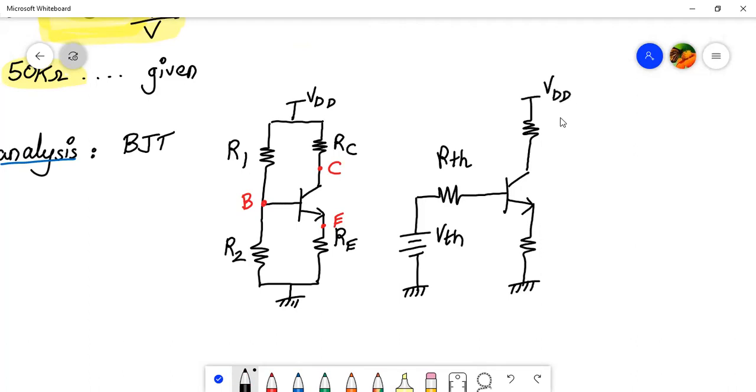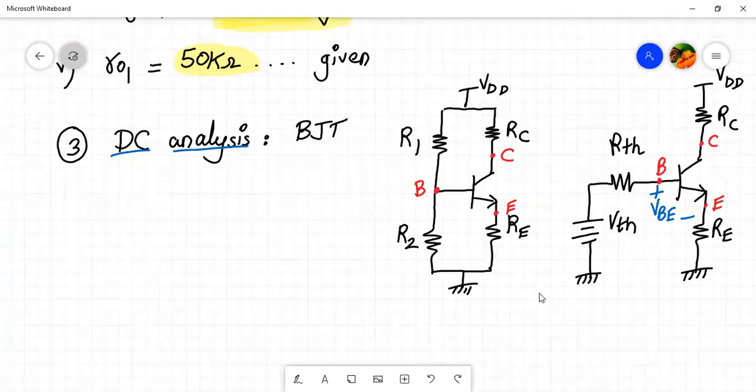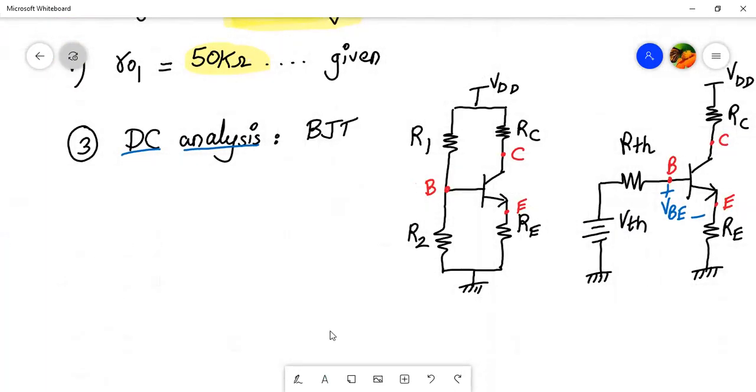This will be VDD, RC, RE, right? This will be plus minus VBE. Yeah? So this is the base terminal, the collector, and the emitter after application of Thevenin's theorem at the base terminal, right? So we have to calculate the value of RTH, VTH, IBQ, and then henceforth ICQ.